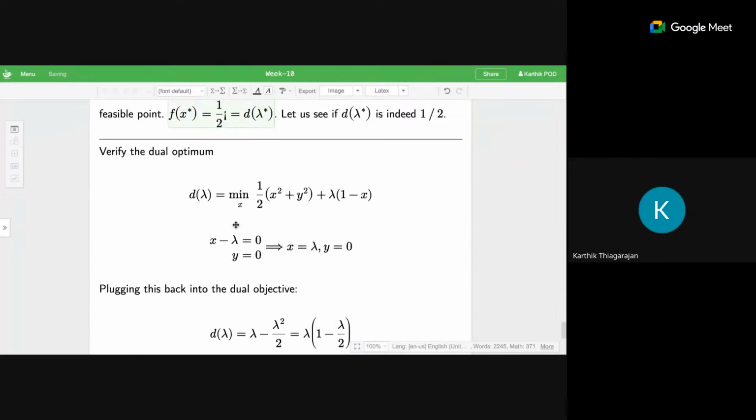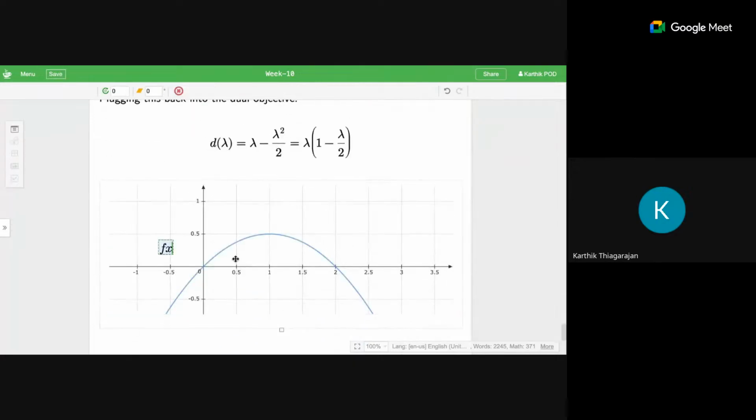So this is once again d of lambda versus lambda. Okay, so that's the dual problem.